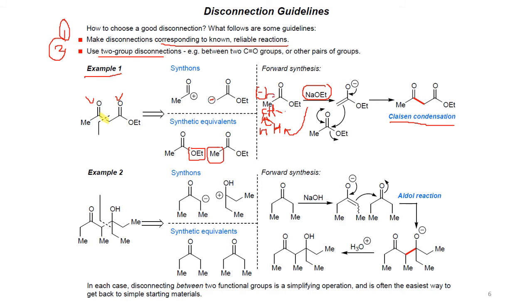It will move to this bond, and the electron will migrate to the oxygen, giving oxygen minus. Then the electron migrates back to this bond, and the nucleophile attacks the carbonyl carbon, and this group will leave.